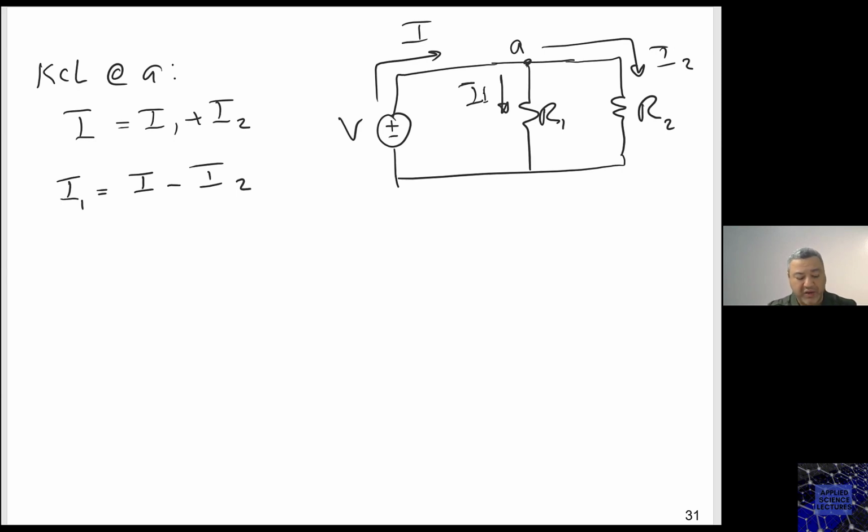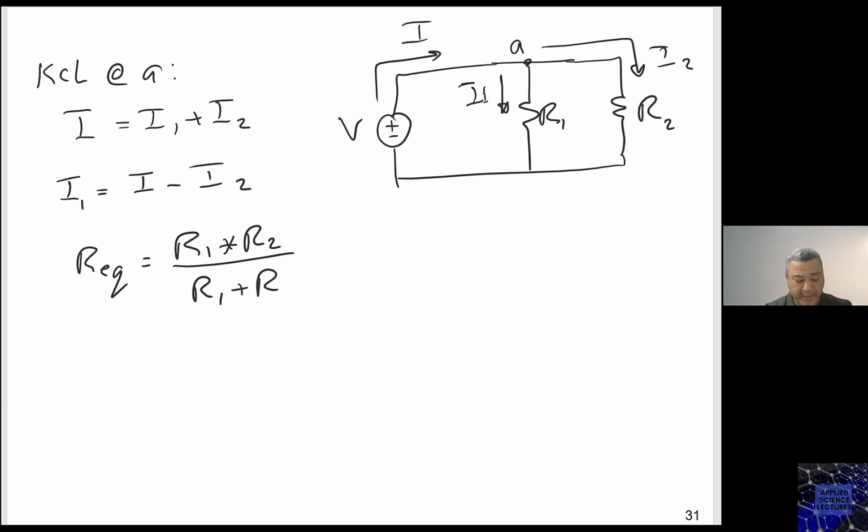So I will write I2 now in terms of I. How do I write I2 in terms of I? At the beginning, I need to find the equivalent resistance. So here, R equivalent, as we have seen earlier, equals R1 times R2, and I can use this expression only for two branches, divided by R1 plus R2.